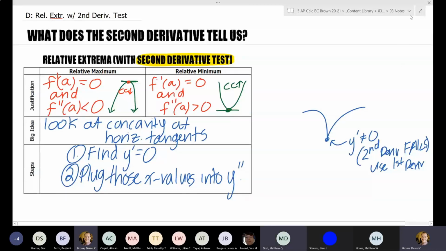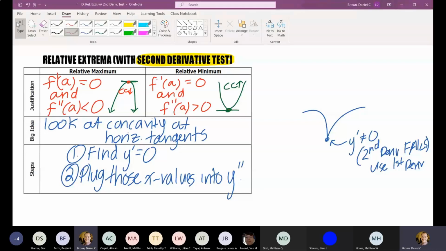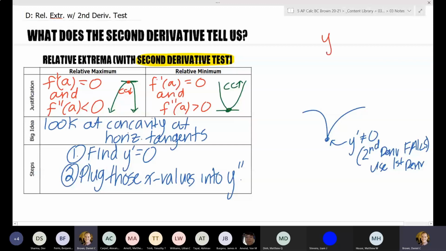Can you say it one more time? What would it look like if you wrote it out as an equation? I'm trying to think what I think you mean. So if you have a first derivative that ends up looking like this, that just happens to be your first derivative.